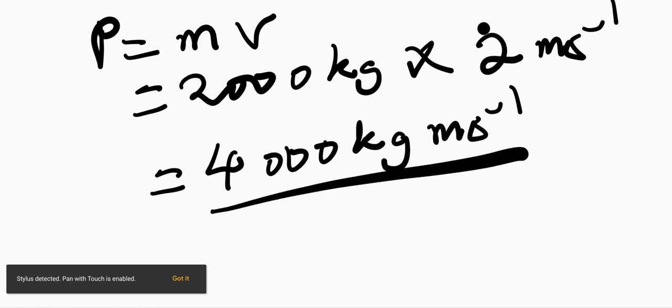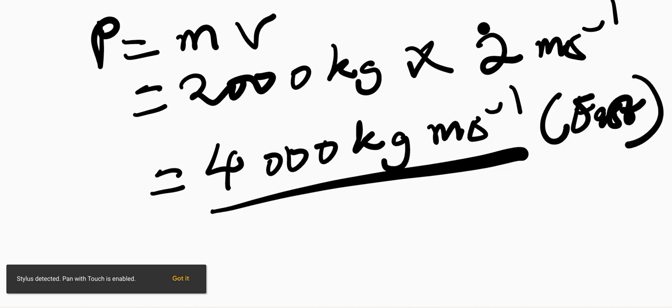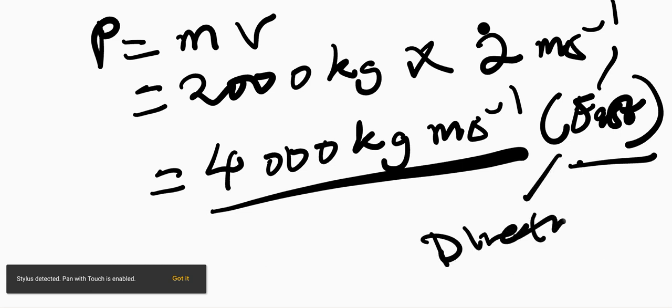That is your direction. You have to specify that, because it is a vector.